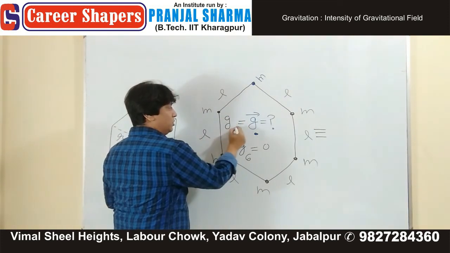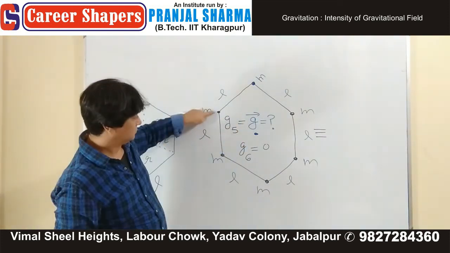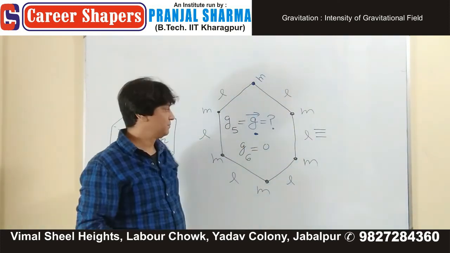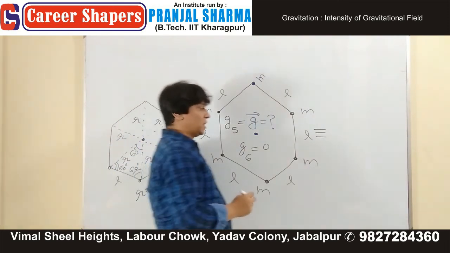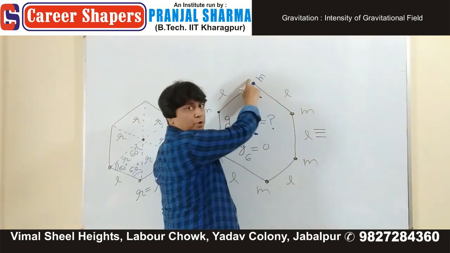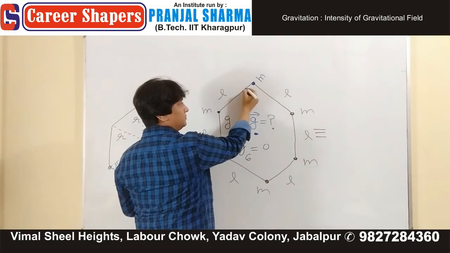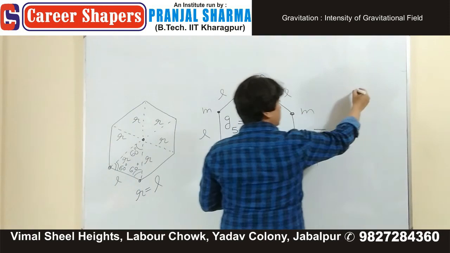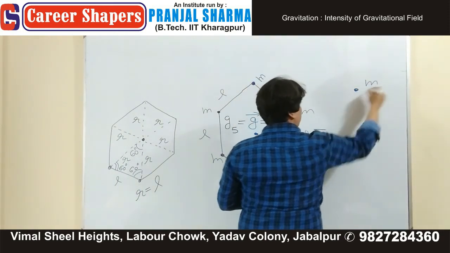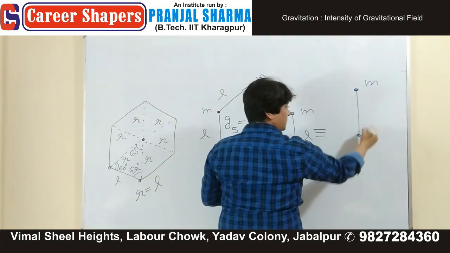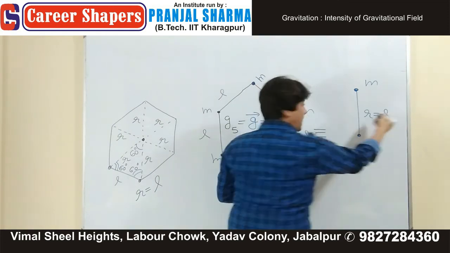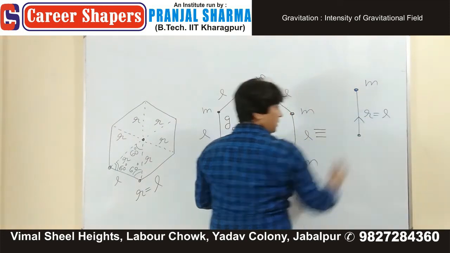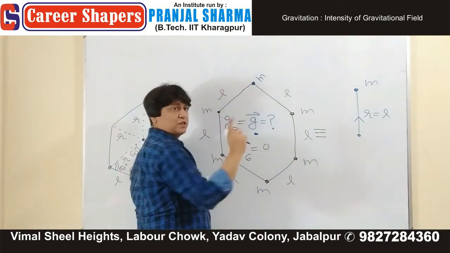G due to 5. This is not present, हमने इसे रखा हुआ है अपनी तरफ से. लेकिन अपने को एक चीज मालूम पड़ गई है, कि ये जो ब्लू है M on top, इसका यहां पर, अपने से R distance पर, which is L, जो ग्रेविटेशनल फील्ड होता इस ब्लू का यहां पर कितना होता?